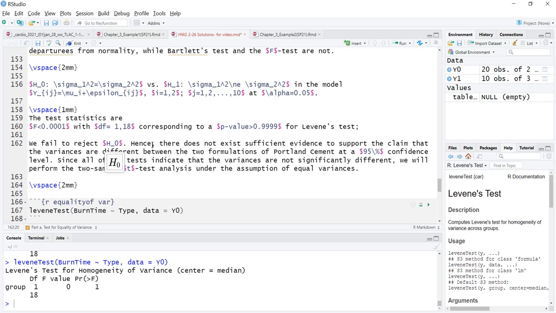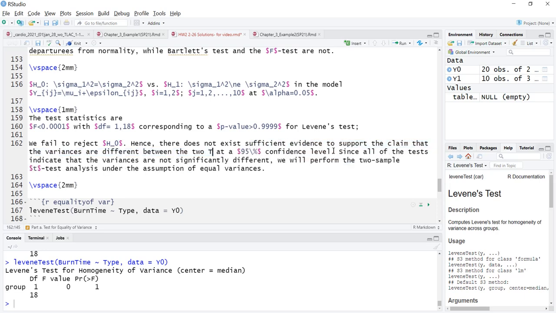Hence, there does not exist sufficient evidence to support the claim that the variances are different between the two types of chemical flares at a 95% confidence level.